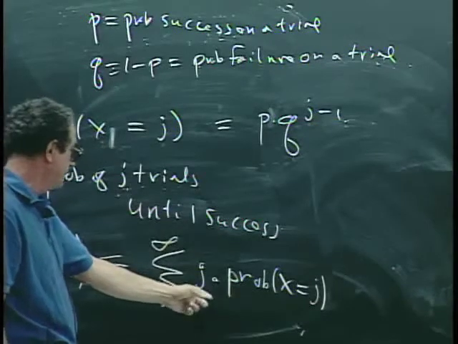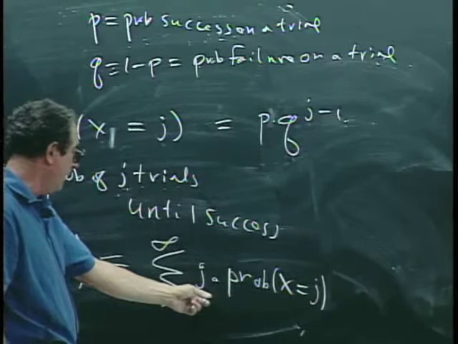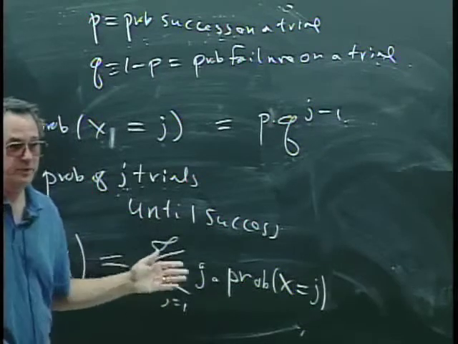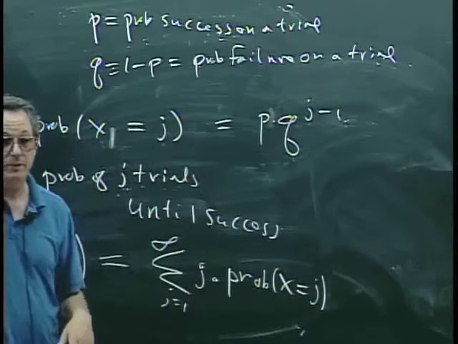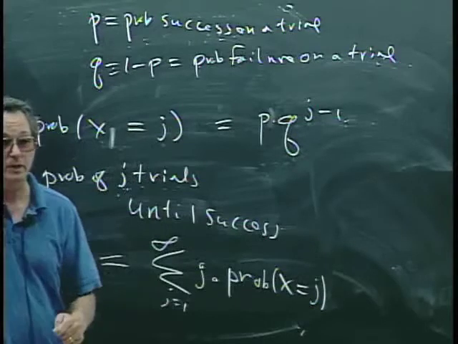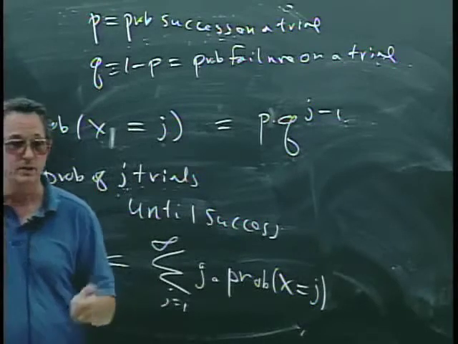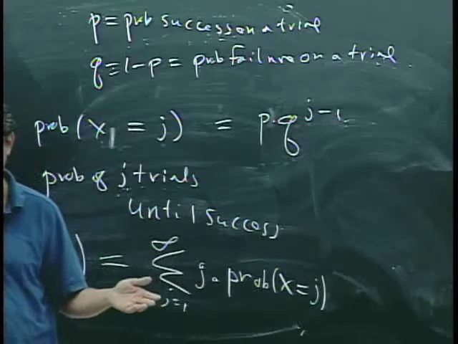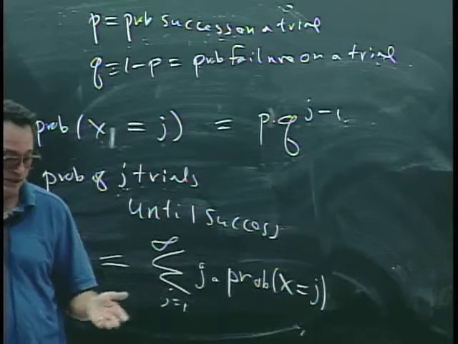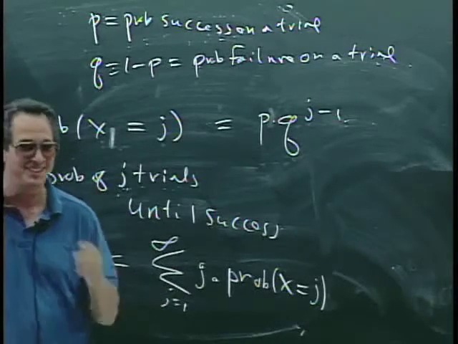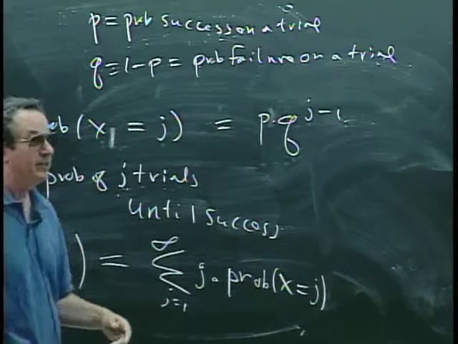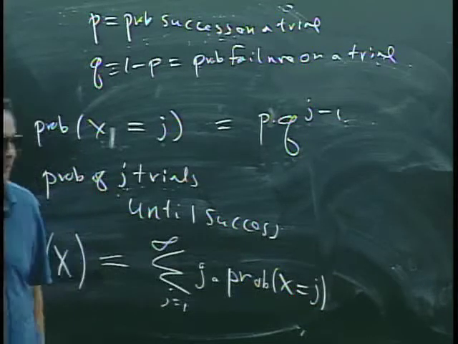We're going to go up to infinity because there's no absolute bound on what that might be. You could get very, very unlucky and keep flipping this coin, and it's been a failure each time.